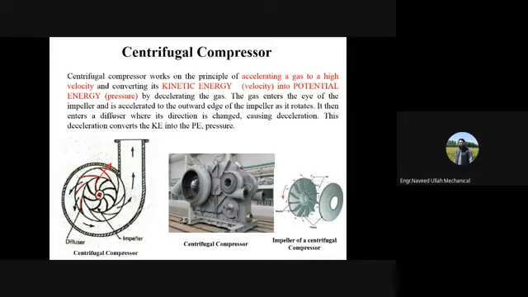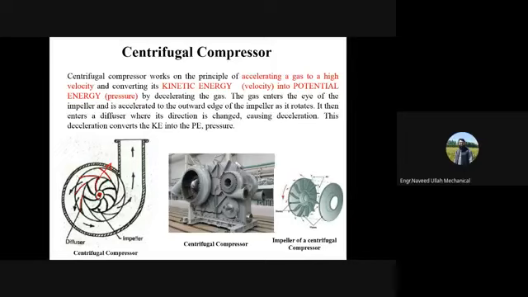This direction change decelerates the fluid. So it is accelerated by the impeller and decelerated by the stators, this diffuser section, right? This deceleration converts the kinetic energy to potential energy, basically in the form of pressure.